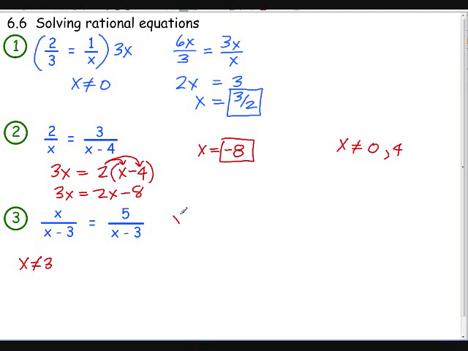We'll have x times x minus 3 equals 5 times x minus 3, which will give us x squared minus 3x.